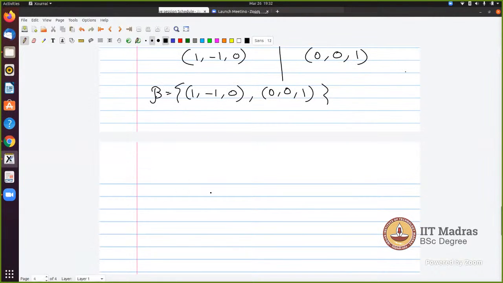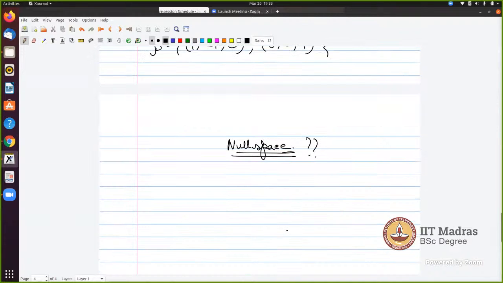So suppose you are confusing all these concepts together. What is null space? Can you tell me? Solution space of the homogeneous system, the space in the domain which gives 0. Suppose I am taking x plus y plus z equal to 0 and x minus z equal to 0.